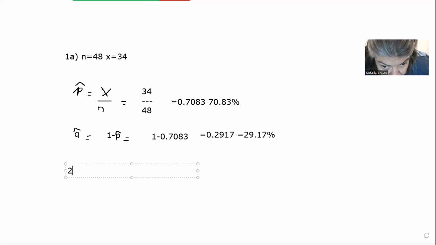We know that p hat is 0.16 and that n is 100.